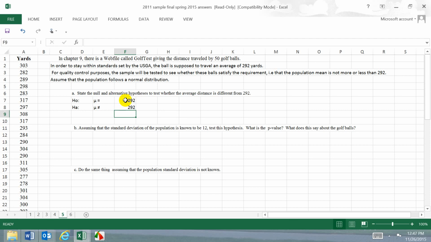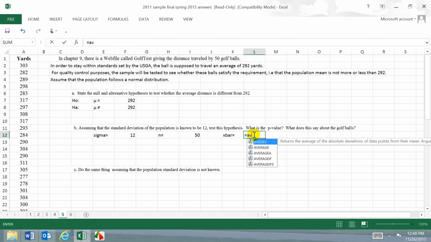Assuming that the standard deviation is known to be 12. Okay, so if sigma is known to be 12, n is 50, x bar is 297.6.